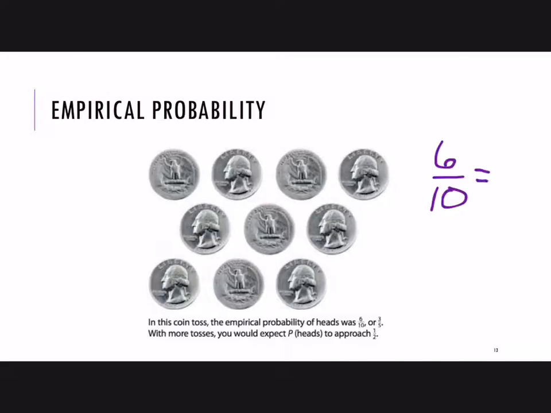So that would be 6/10 or 3/5. Now here's an interesting fact. The more you toss this coin, the more the probability of getting a heads is expected to approach 1/2. So the more trials and actual experiments there are, the closer empirical probability gets to classical probability.